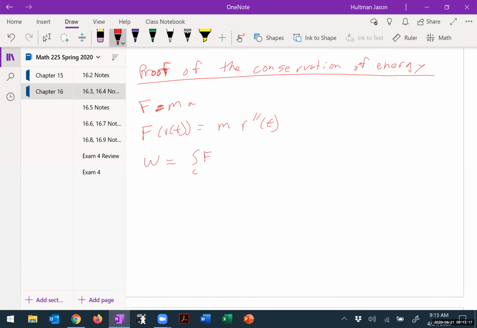So the work done is going to be a line integral, moving the position with a certain amount of force through a force field, F dot dr, equals, from A to B, of F of r of t dotted with r prime of t dt.